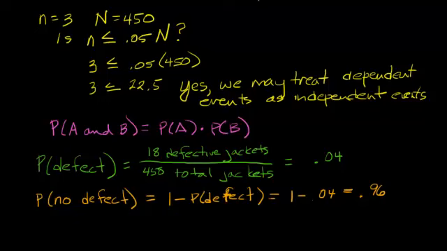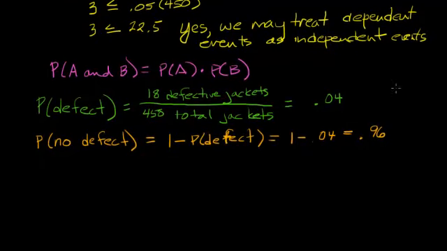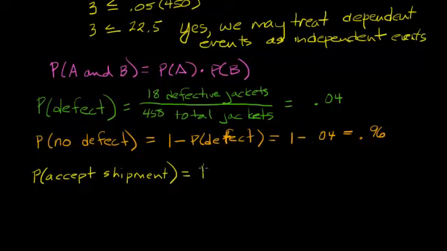Alright, well, the probability that we accept this shipment, that's the question. What's the probability that the entire shipment is accepted? Well, that's the same thing as, and it will only happen if, we get no defect for the first jacket.